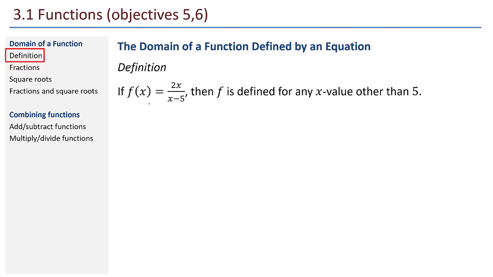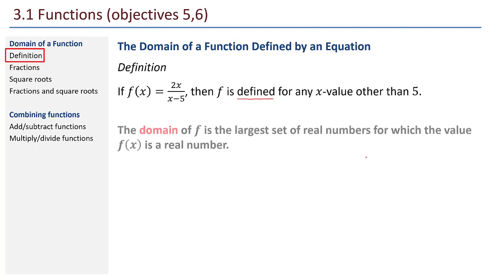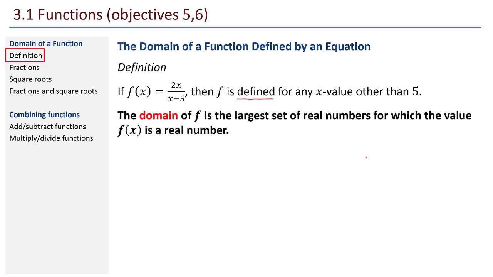If f of x equals 2x divided by x minus 5, then f is defined for any x value other than 5. So when I say that it's defined, I mean that I can put in an x value and get out an actual number, as long as the x value that I put in isn't 5. And so this brings us to the idea of the domain of a function.